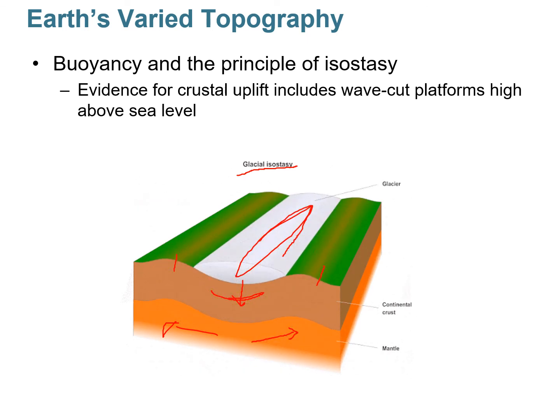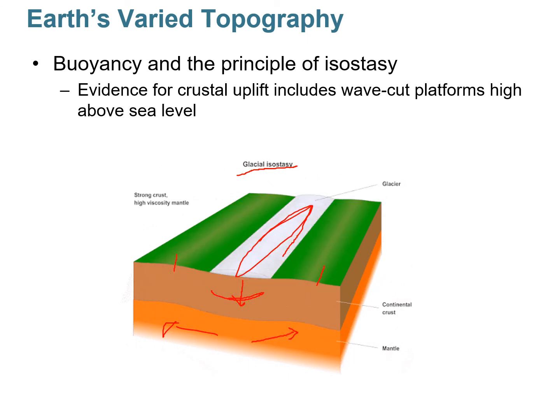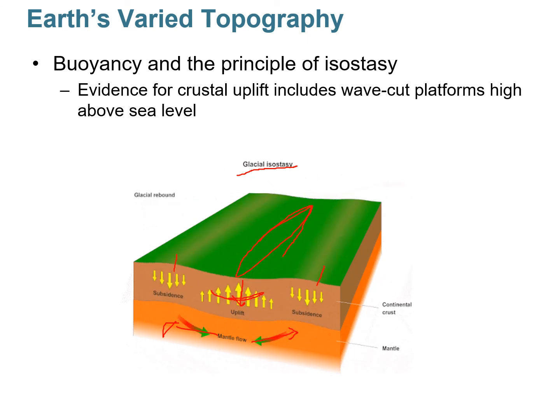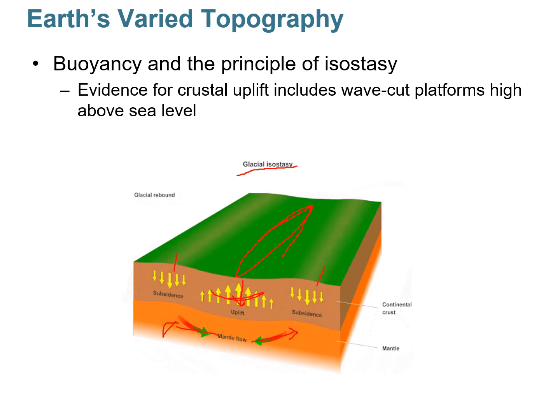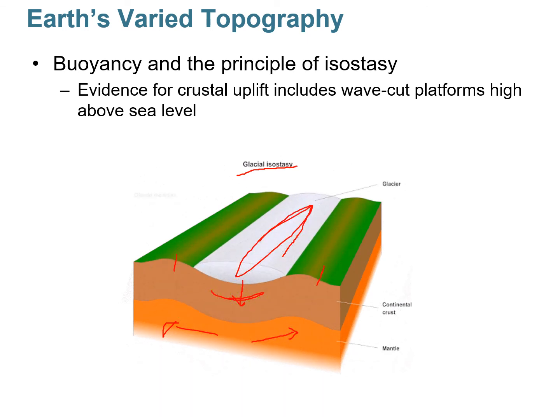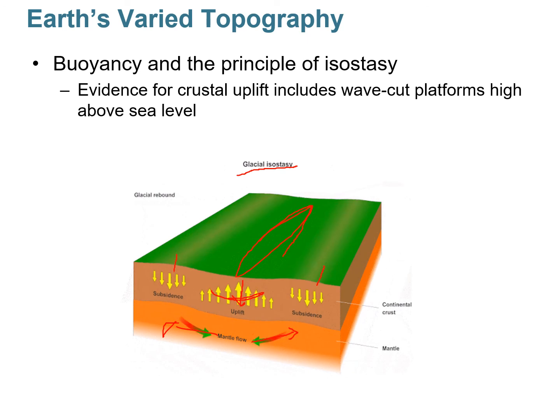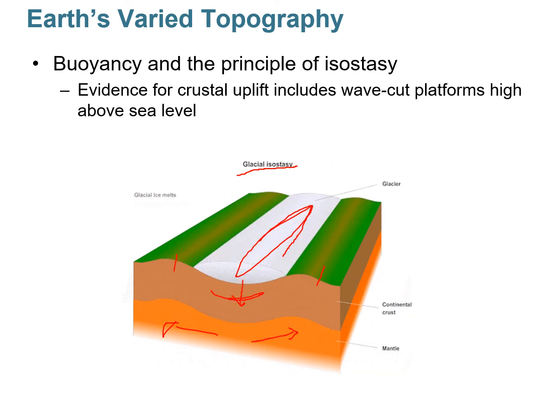Right now, globally, continental margins are seeing sea level rise, millimeters every year, really slowly. But in Norway, they're actually seeing local sea level fall, because the rate of crustal uplift is faster than the rate of sea level rise. So from their perspective they see sea level fall, just because the crust is rising faster.